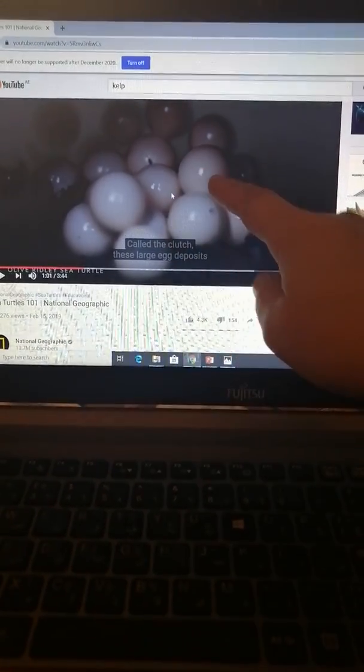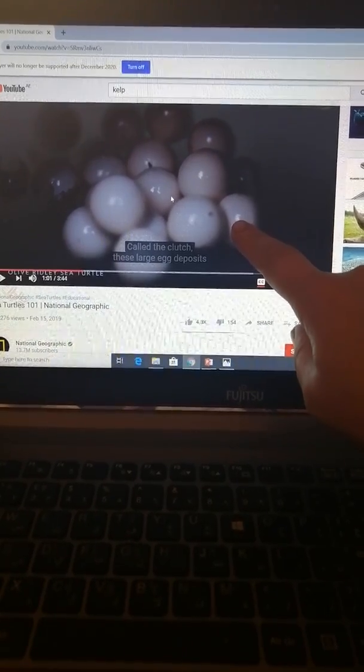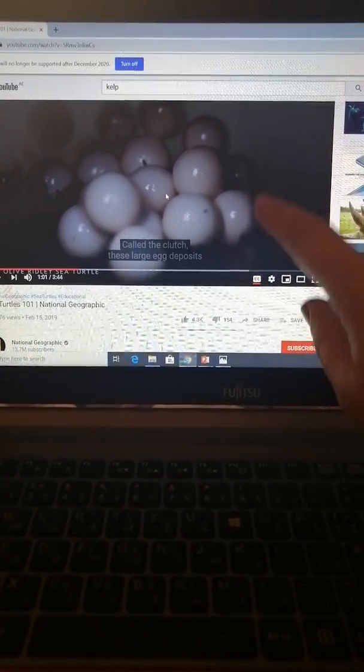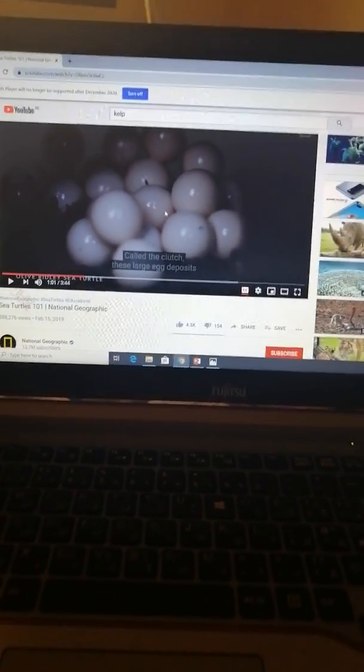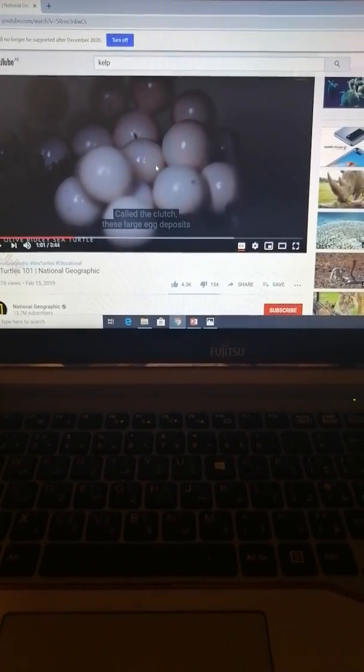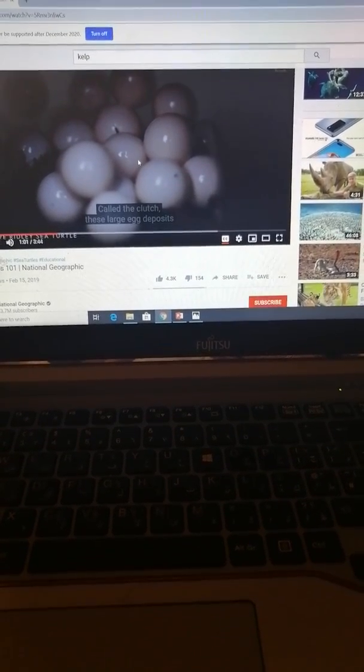See how many eggs here? So I can say that one turtle can put more than 150 eggs at one time. Can you imagine? And it digs in the sand to lay eggs.